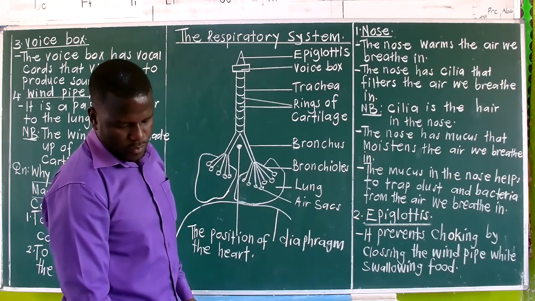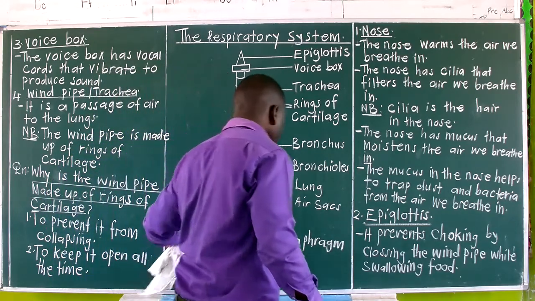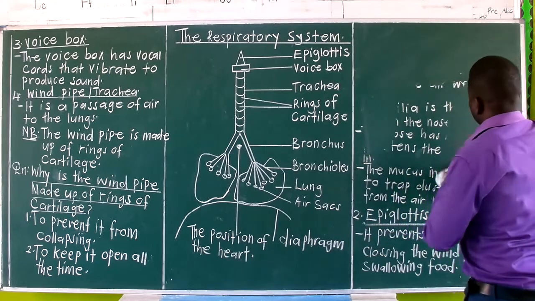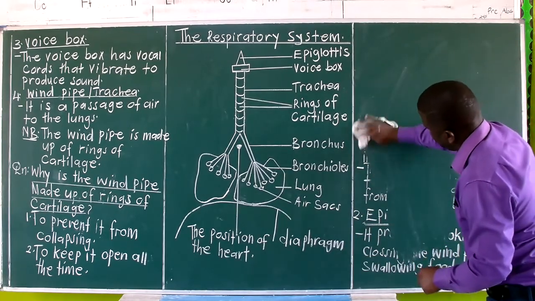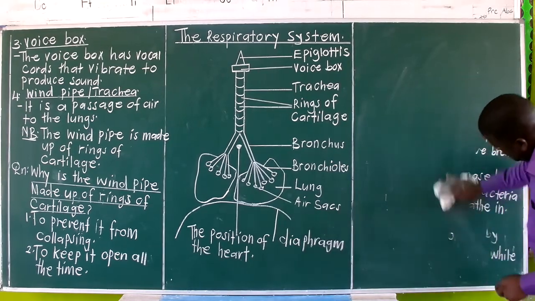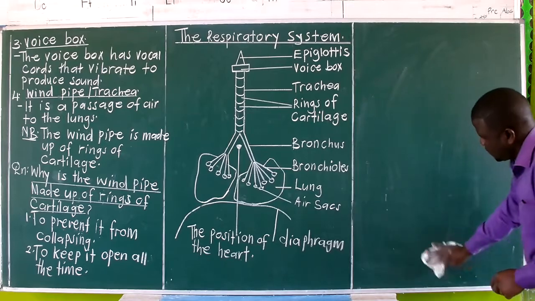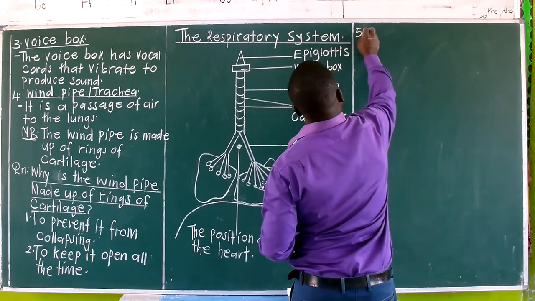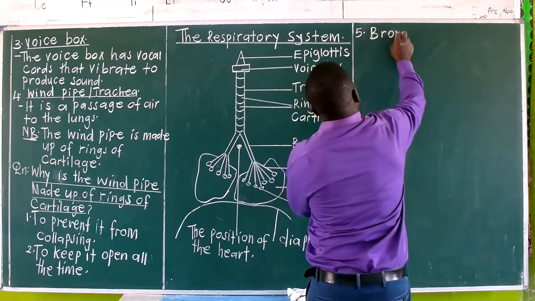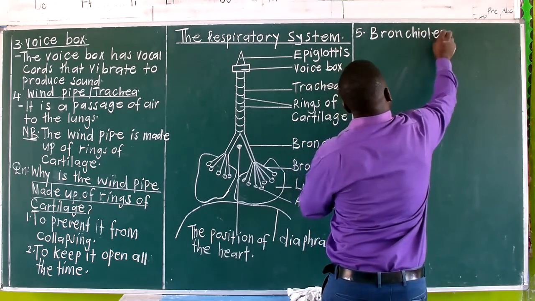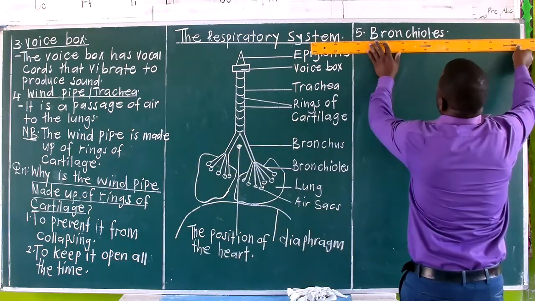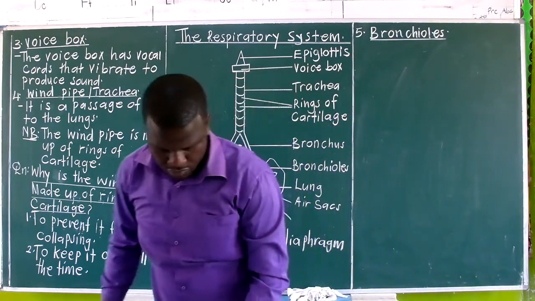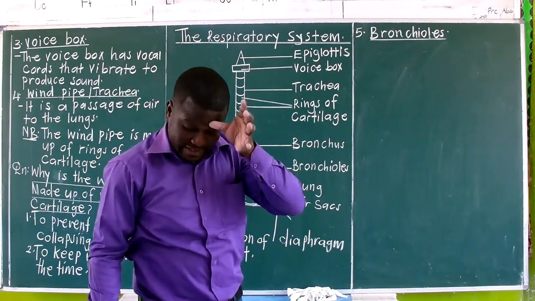Then we have a part called bronchioles. Bronchioles hold the air sacs, or alveoli.